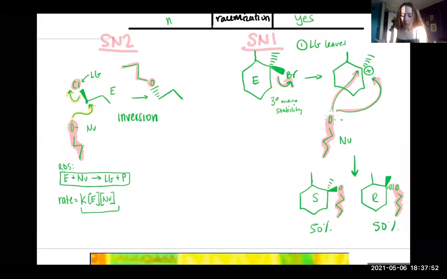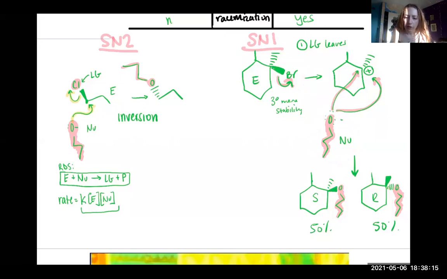For SN1, we're going to start with a tertiary alkyl halide. That leaving group is going to leave. It's going to look something like this, and then our nucleophile is going to attack, and it's going to take the spot, either wedged or dashed, where the leaving group used to be. So hopefully that makes sense.